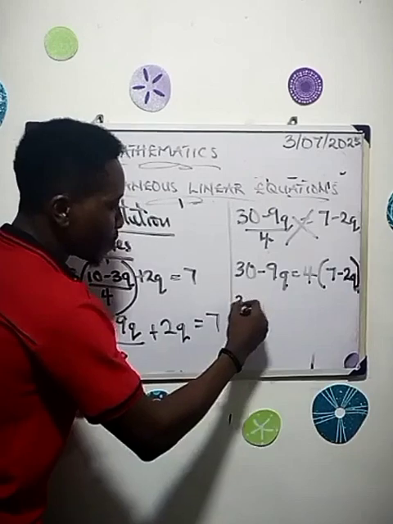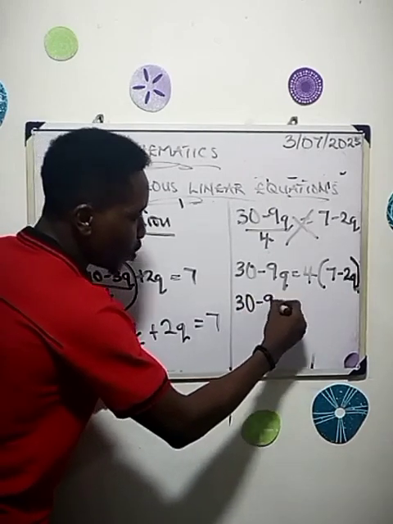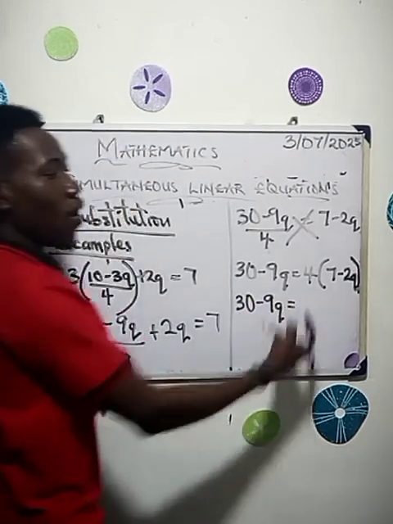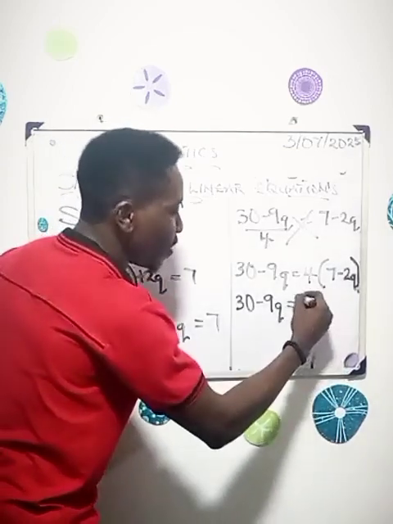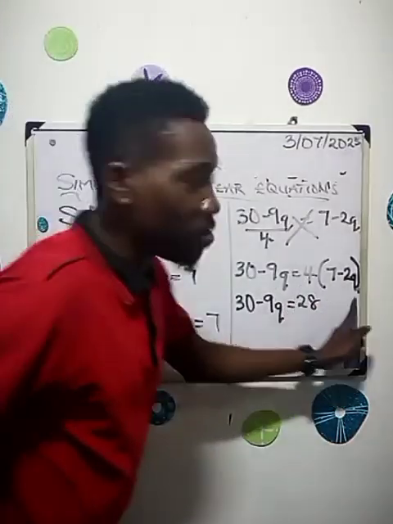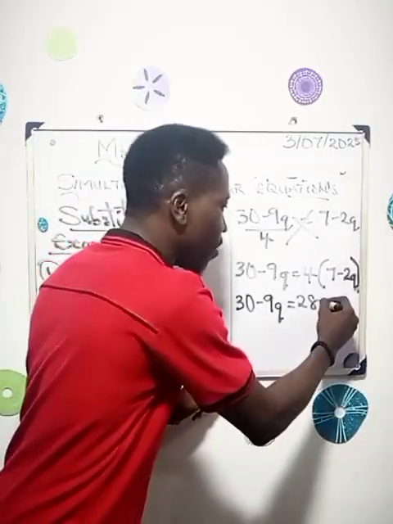So we have 30 minus 9q equals 4 times 7, 28, and 4 times minus 2q, minus 8q.